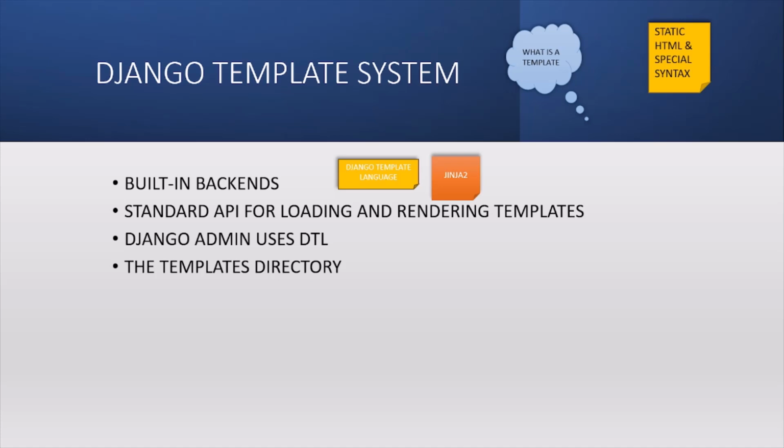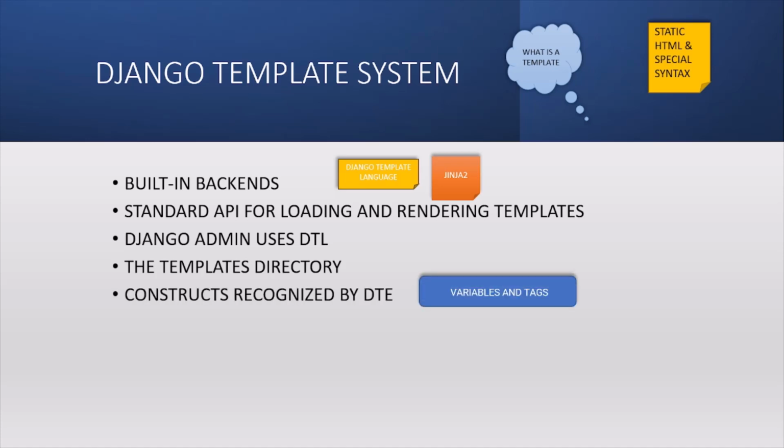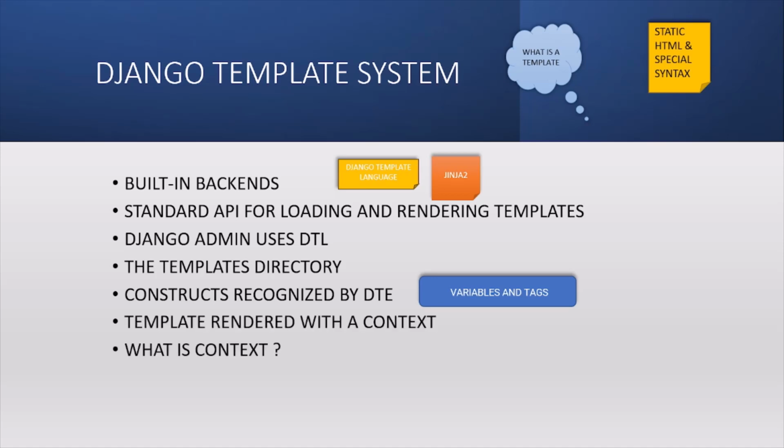But talking about the constructs now that are recognized by the Django template engine, these are variables and tags. And there are two more that we'll come to again shortly. All templates are rendered with a context. But what is a context? A context is nothing but a Python dictionary-like object which maps keys to values.